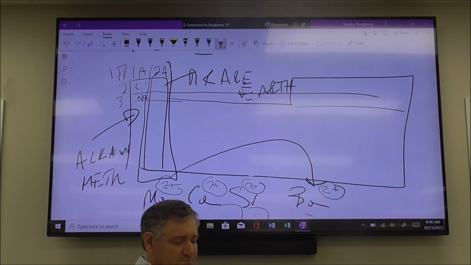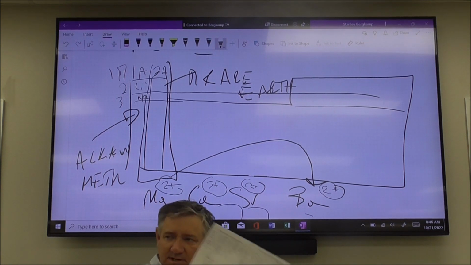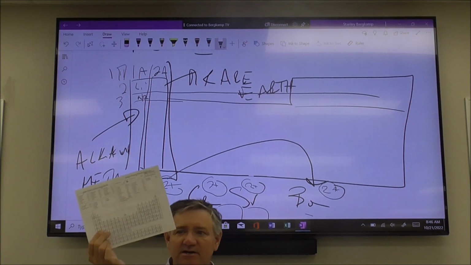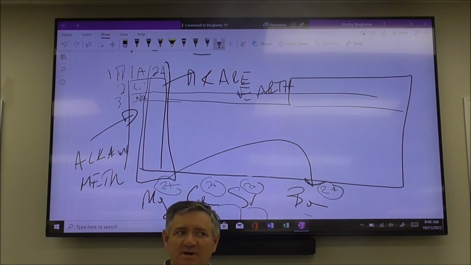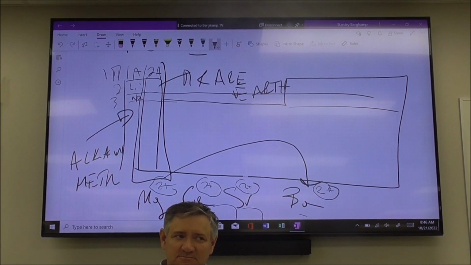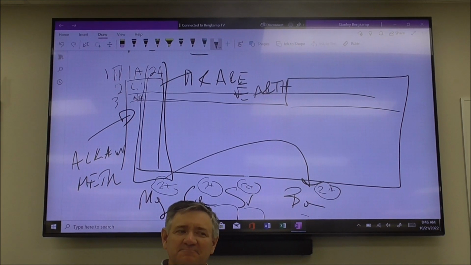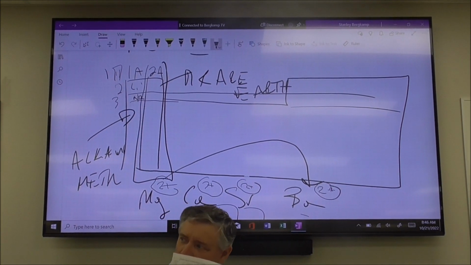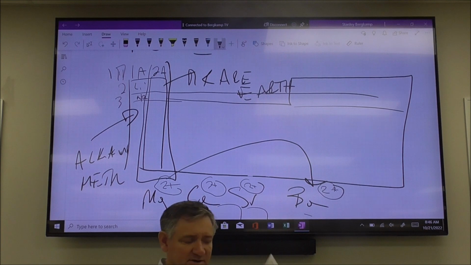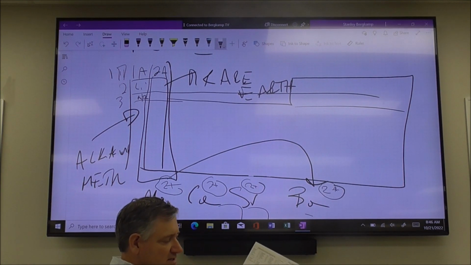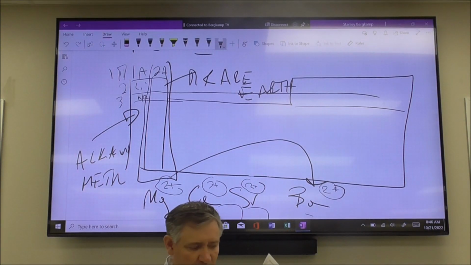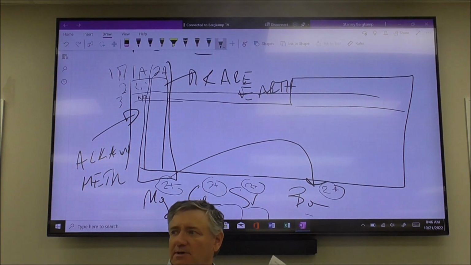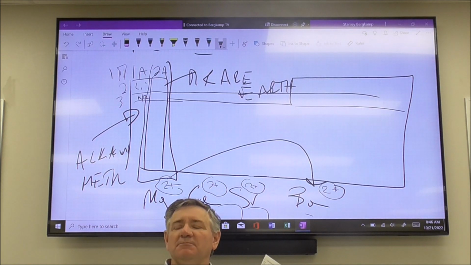So here's the deal. Let's talk about magnesium and calcium. Which one is more reactive between magnesium and calcium? Luke? Calcium. So going down, calcium is more reactive. Now, going across, you have magnesium and you have aluminum. Which one is more reactive, magnesium or aluminum? Emma?